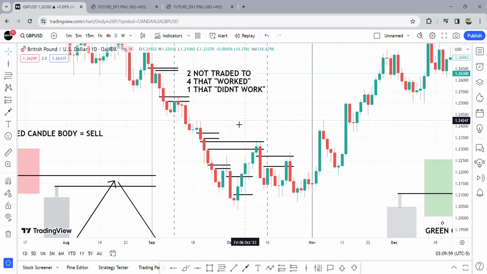So during this range in price, we have a total of 7 gaps, 2 not traded to, which is fine. We don't always expect it to be traded to. Sometimes there are gaps that are left open.